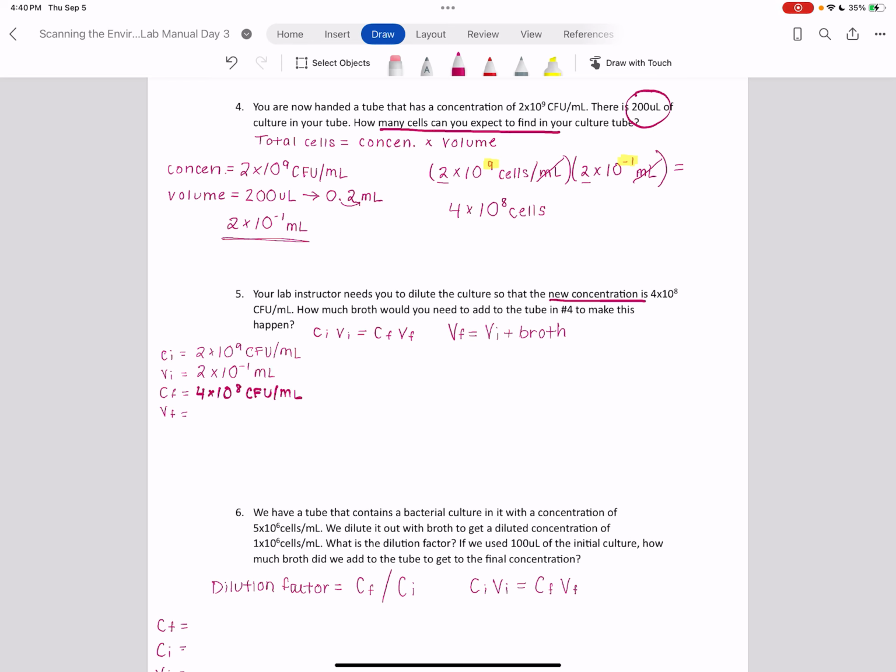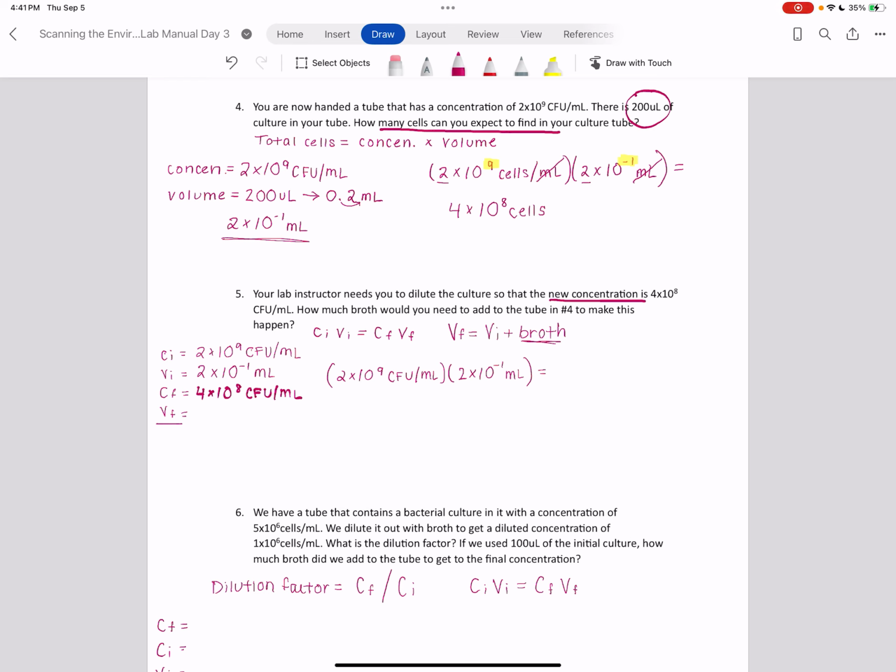So now we know we have to solve for our final volume in order to figure out how much broth we need to add to dilute out our culture. To start off, we're going to do our C1V1 equation, and I'm going to fill in the variables, writing them out. 2 times 10 to the 9th CFU per ml, multiplied by 2 times 10 to the negative first, in mLs.